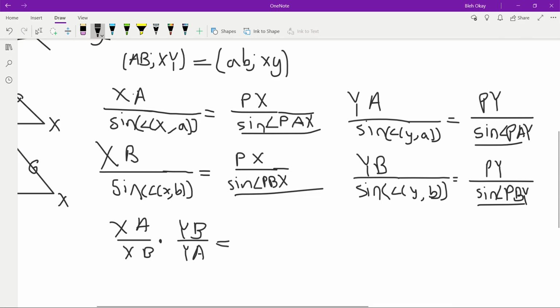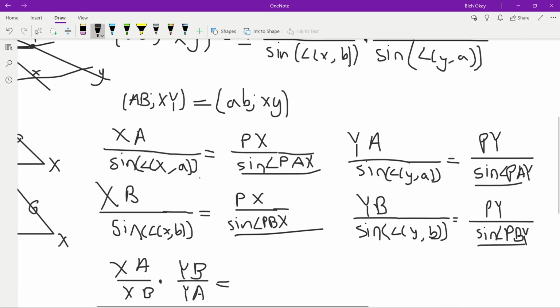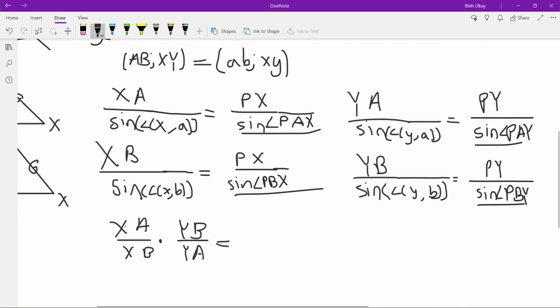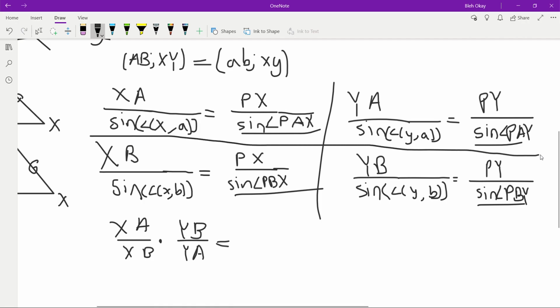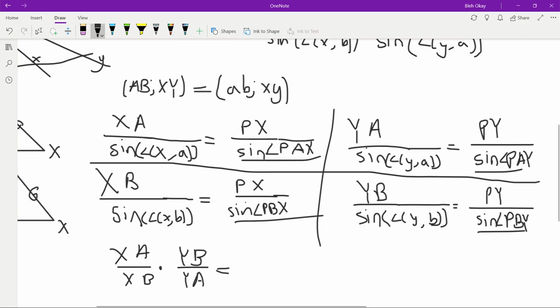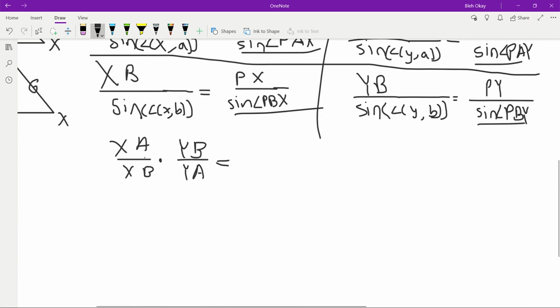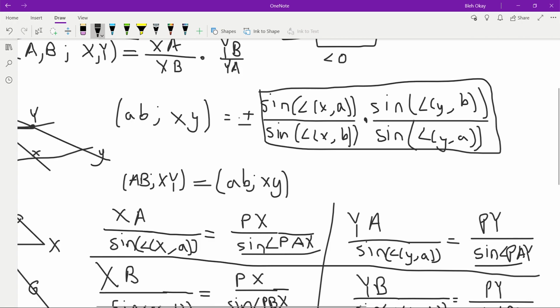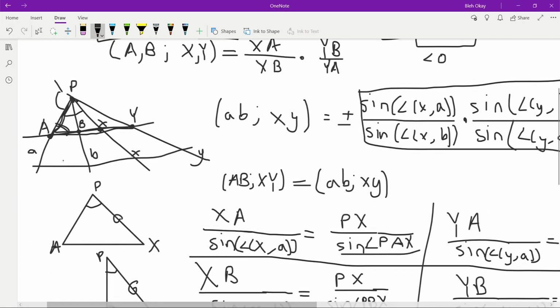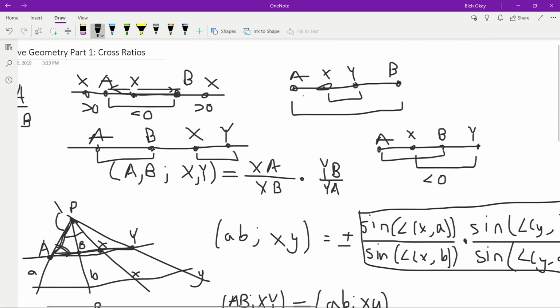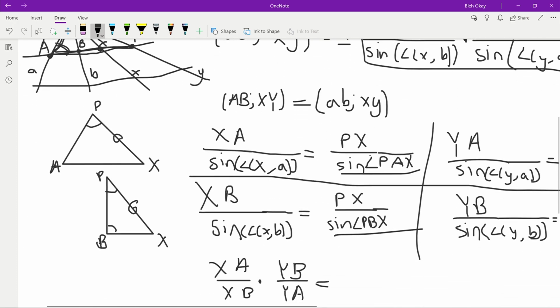So we can solve for XA in this equation. And if we plug in XA, XB, YA, and YB from all of these four different equations into this cross ratio, what we will end up getting is exactly this form. So the plus or minus is chosen dependent on the positioning of A, B, X, and Y. So it's chosen according to this convention up here.